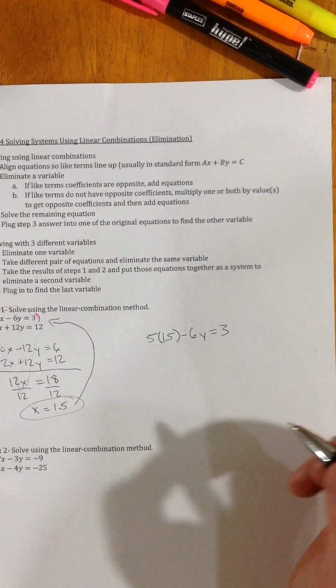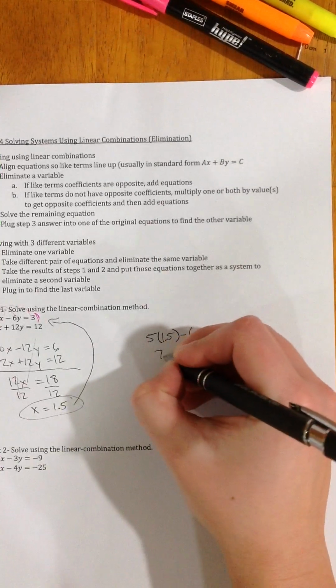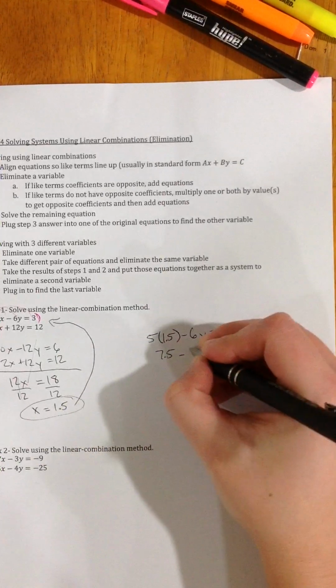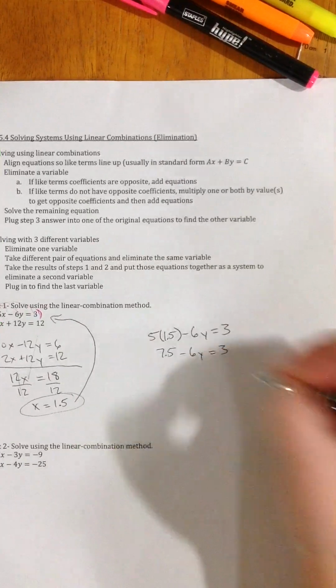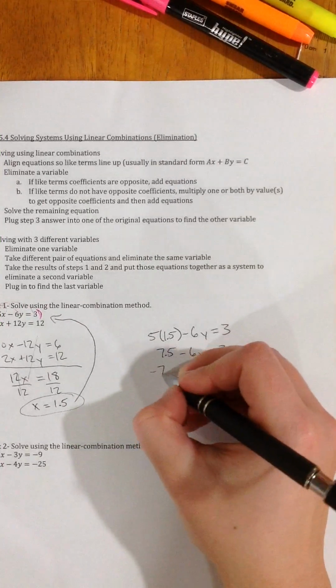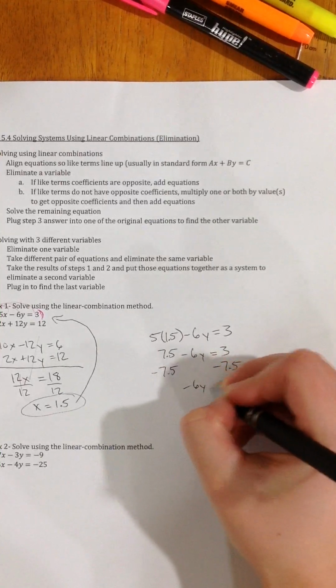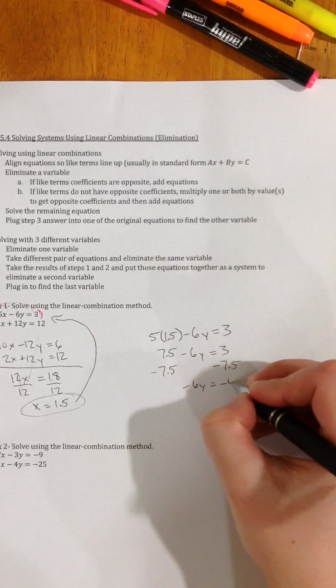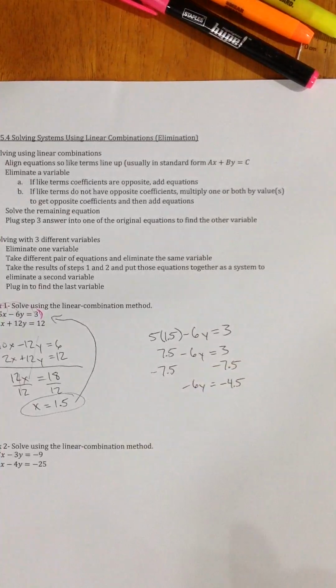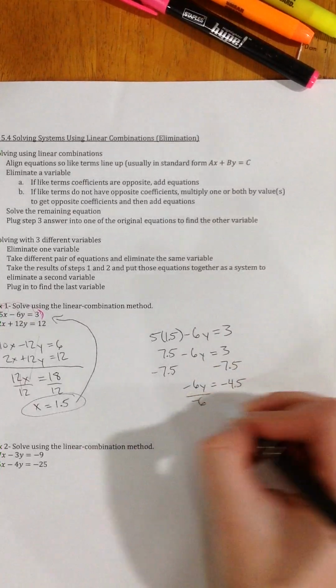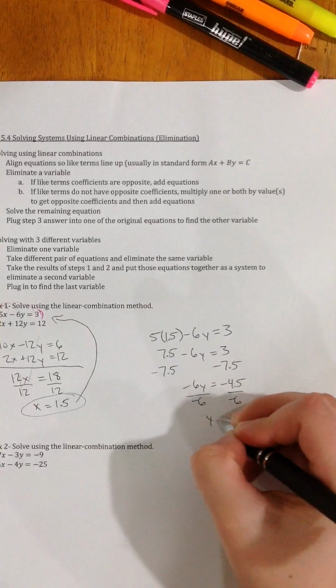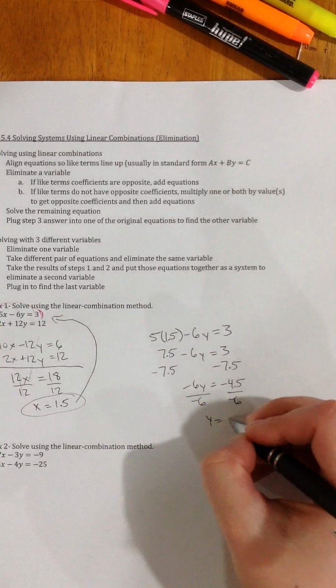So 5 times 1.5, which is 7.5, minus 6y is equal to 3, and then I'm going to subtract 7.5 from each side, so I'll have negative 6y is equal to negative 4.5, and then I'm going to divide by negative 6 on each side, so my y will end up being 0.75.